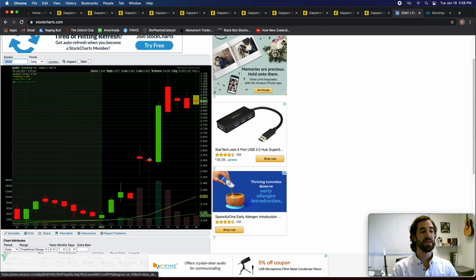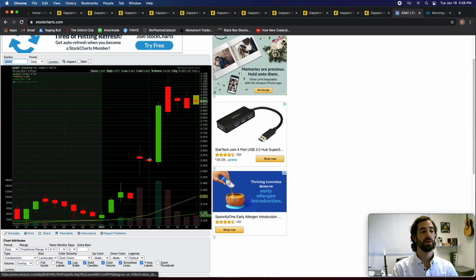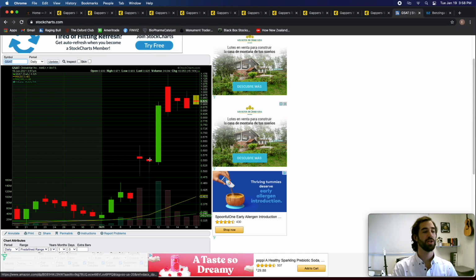But if you had the patience and you understood the press release and the technology, and the fundamental shift that the business could have as a result of that press release, you would have held and you would have been able to profit on this massive run. It hit a high of 117 at one moment for a more than 100% gain in 3 days.